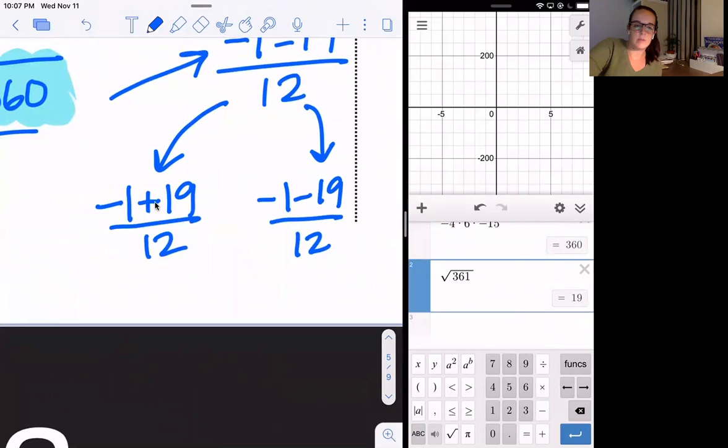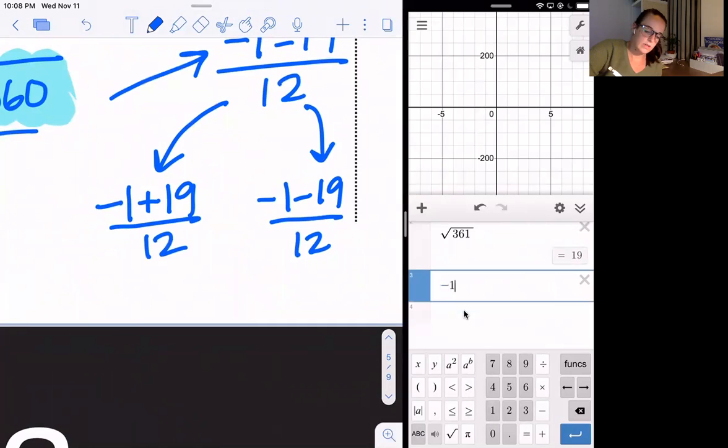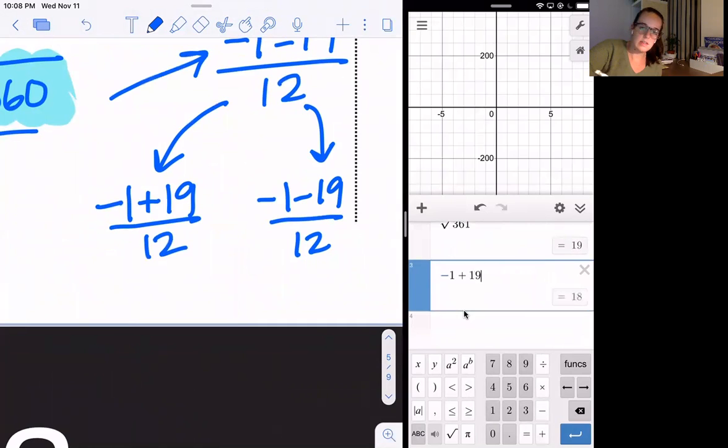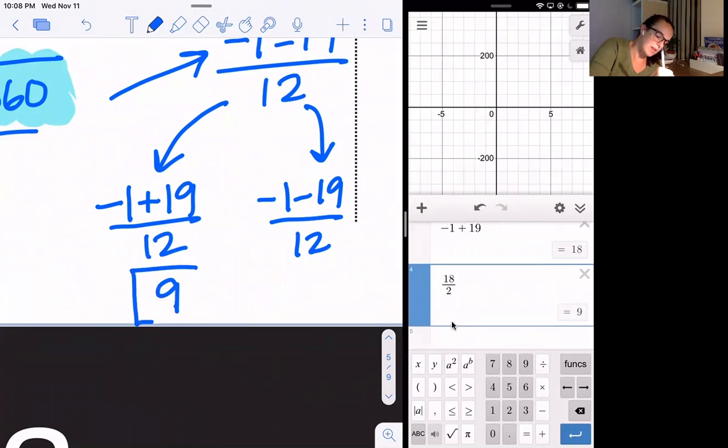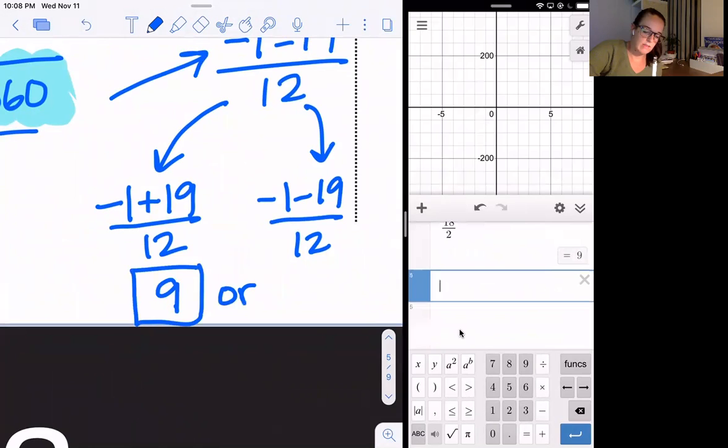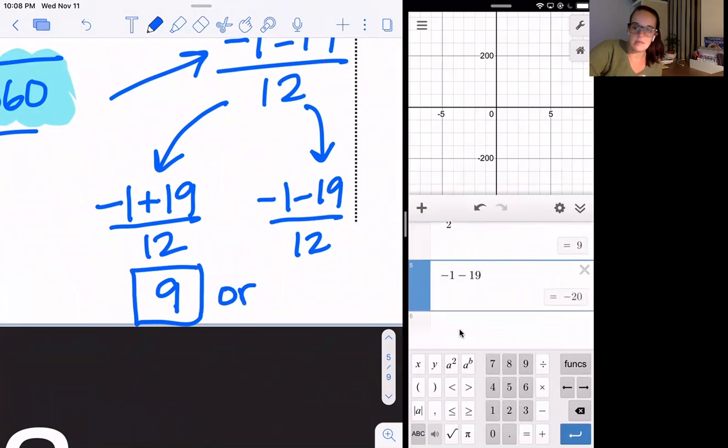So I do negative 1 plus 19. I'm going to go to my calculator. Negative 1 plus 19 is 18, and it's still divided by 12, so I'm going to do 18 divided by 12. Okay, I know that one of my answers is 9. Then I go back to my calculator: negative 1 minus 19 is negative 20.